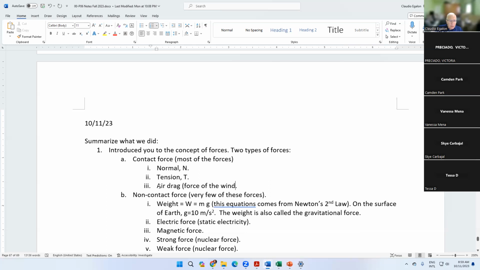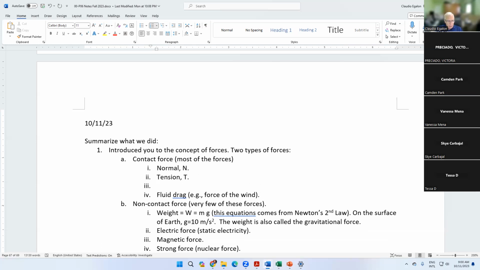It doesn't have to be air drag necessarily. Let's put that as fluid drag. Force of the wind is one type of drag force. We have air drag, we have water drag, right?